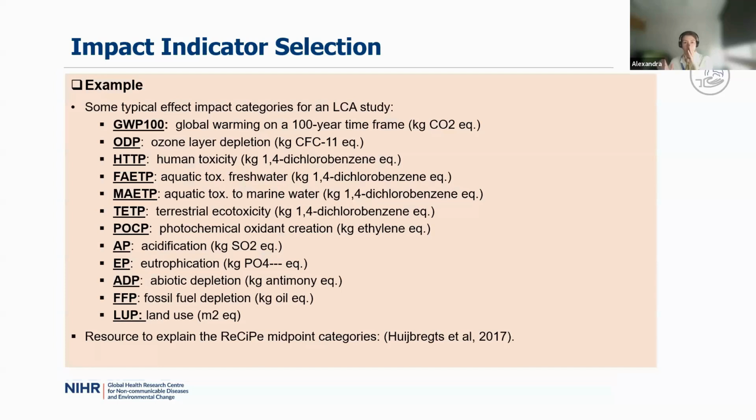So as I said, I usually use the ReCiPe suite, but there are a lot of others that are also valid, such as the IPCC, the Eco one. This is where you need to do your research and see what makes most sense for you. But they are quite similar in the sense of the environmental impacts that they cover.